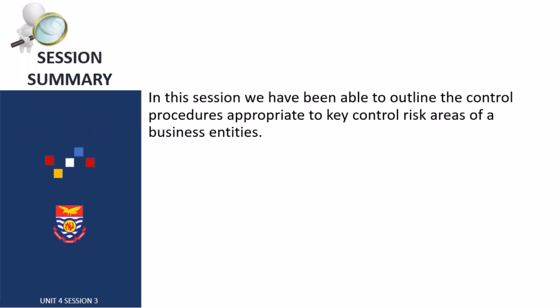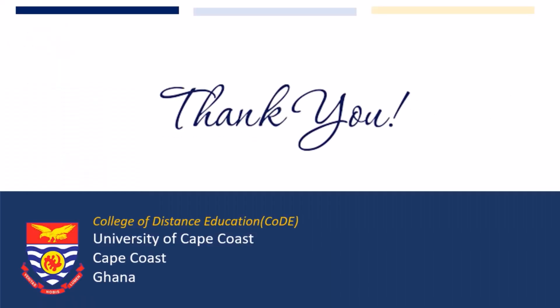So in summary, we've been able to outline the control procedures appropriate to key control areas, risk areas of a business entity. There is a lot you need to read and get the concepts under each of these control systems, be it cash, purchase, inventory, PPE, payroll, what have you. Try to know what goes into detail. Thank you and see you in the next session.